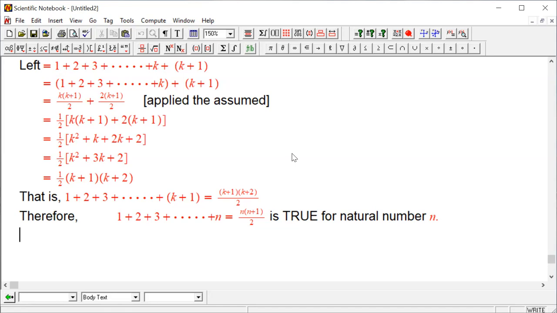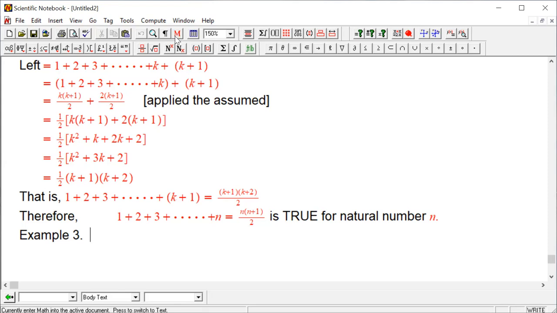And there are 2 more we're going to prove. These 3 together, you're going to need them in your calculus class. So the next example we're going to prove is the sum of squares.